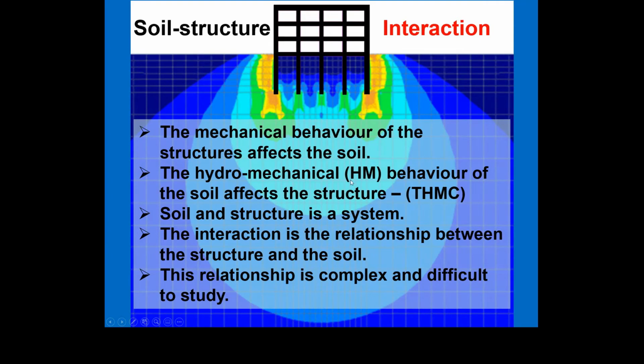And sometimes even only doing a mechanical analysis of the soil is enough because, for some reason, we are not interested in complex interaction with water. So the soil and the structure and the interaction is a system. We are going to call this a system. So the interaction is the relationship between the structure and the soil, of course, because this is the relationship that is generated in the interface between the piles, for example, in this case, and the slabs in here, the raft, with the soil.